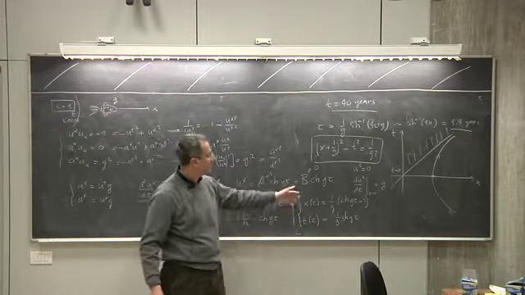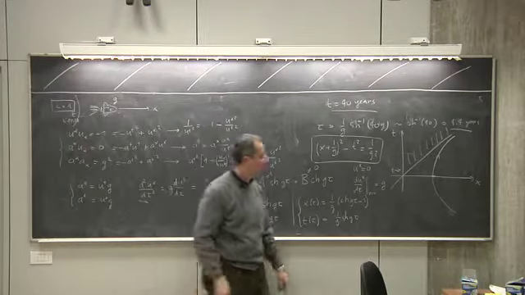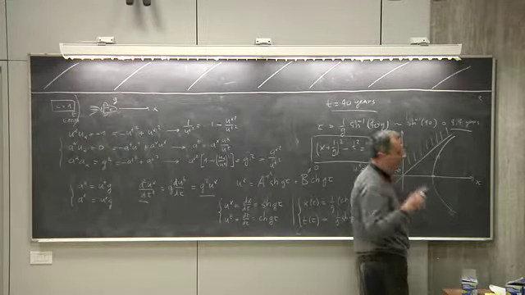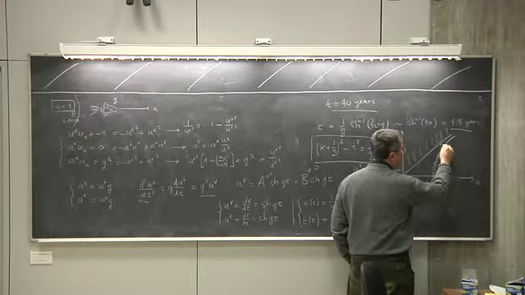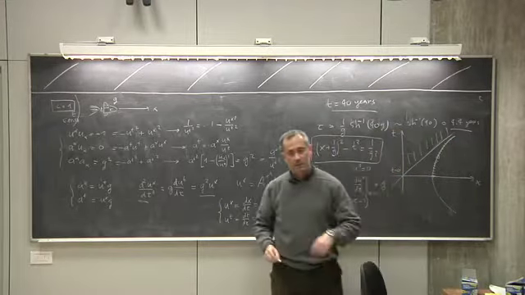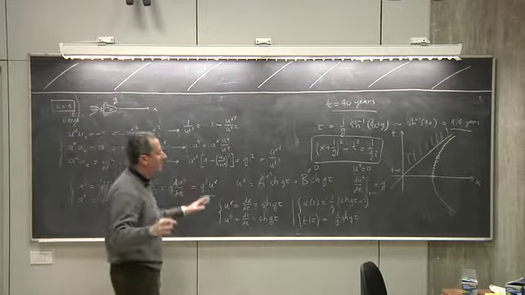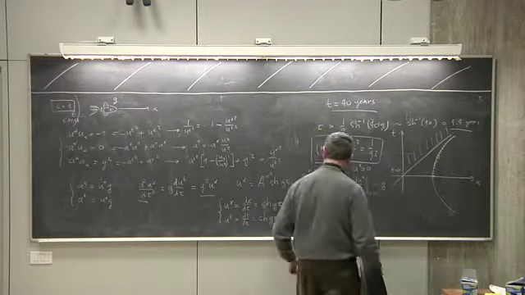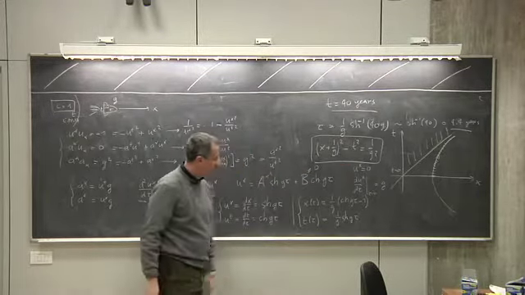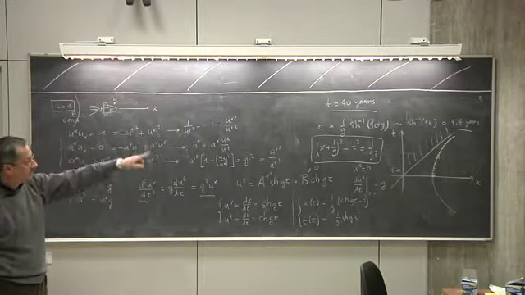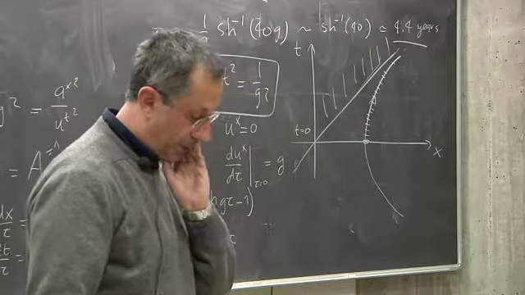Time is just a coordinate in this xt plane. So what you call time is really the proper time, that is the ticking of this clock on board of the ship. That's what we think of as time. But time as a coordinate of space-time is a very different thing, and in this case it has this shape. So this is the solution of the uniformly accelerated motion.